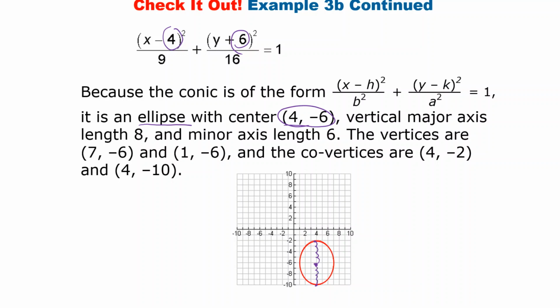And that tells us where our vertices are. And the co-vertices, we're going to go 3, so the axis length is going to be 2, 4, 6. And circle it up, and there you go. You can see where everything is.